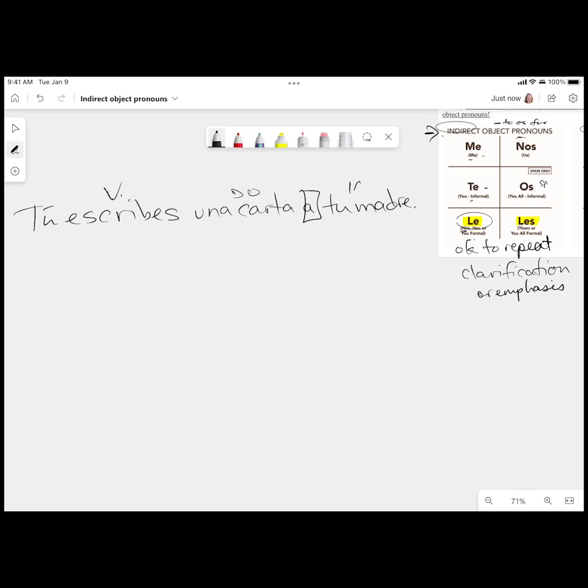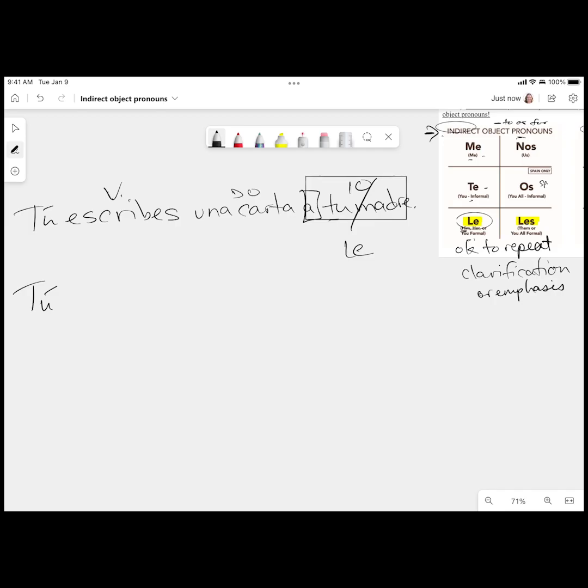It's a tu madre, so it's not to you, it's to your mother, which would be replaced with which pronoun? Your mother would be replaced in English with "to her." Okay, so the letter is the direct object, is being written to or for your mother, for her.